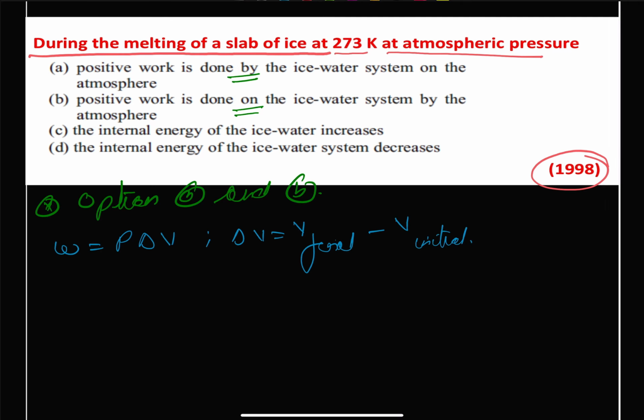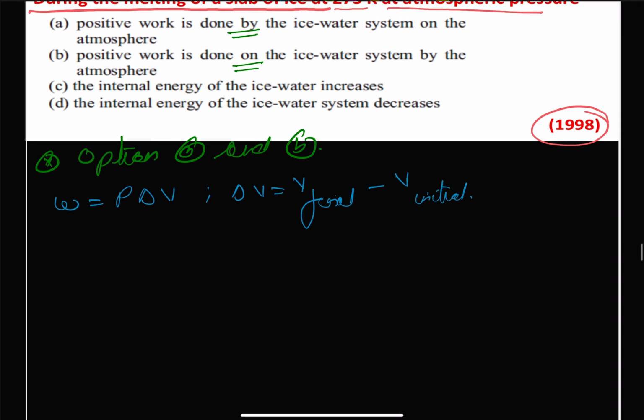So we are mainly interested in change in volume. Therefore we can say that the density of water is greater than density of our ice.